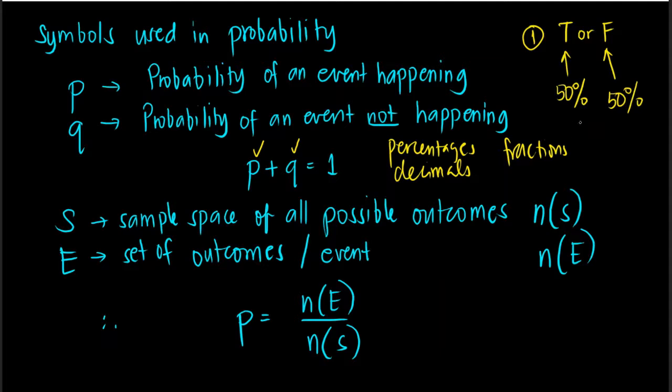This can also be presented as 0.5 and 0.5 for a total of 1, or 1/2 and 1/2 for a total of 1. As you can see, what was asked is the probability that the answer is true.